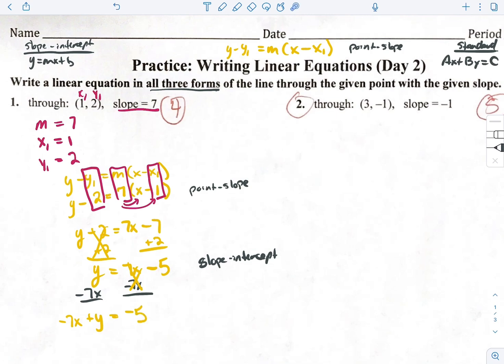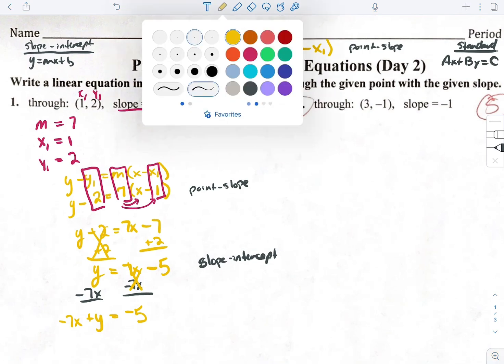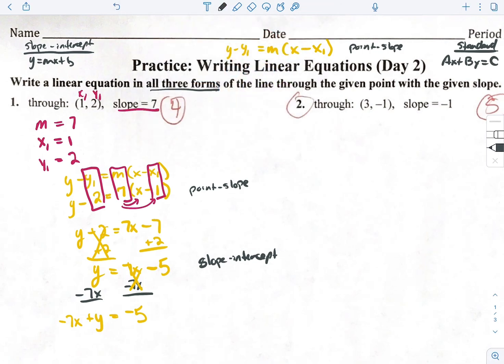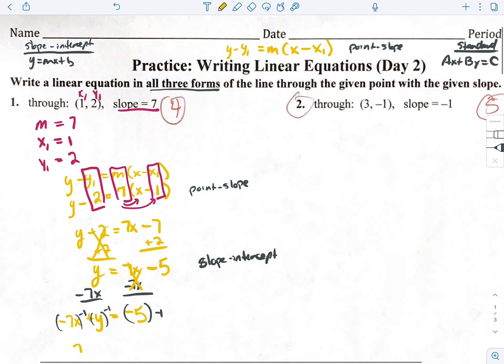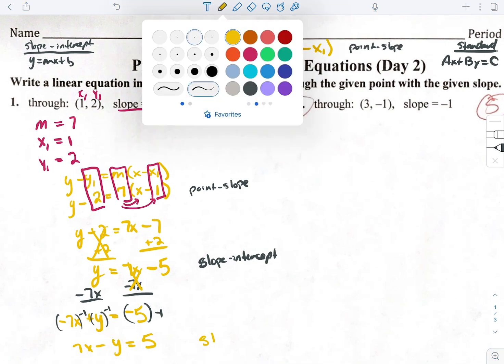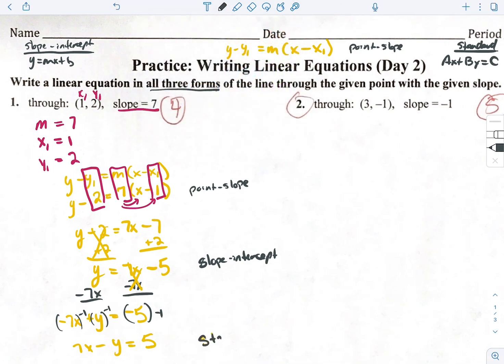But we don't like to lead with a negative, so we will multiply each term by negative 1. And when we do that, we would get 7x minus y equals 5. And that's standard form.